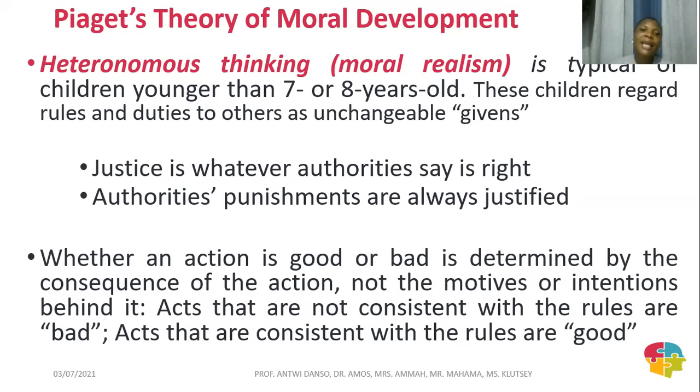So here it is the consequences that determine whether or not the action is right or wrong, and not the reasoning, the motives or the intentions behind the action. So the acts that are not consistent with rules are bad, as I said earlier, and those that are consistent with rules are good.